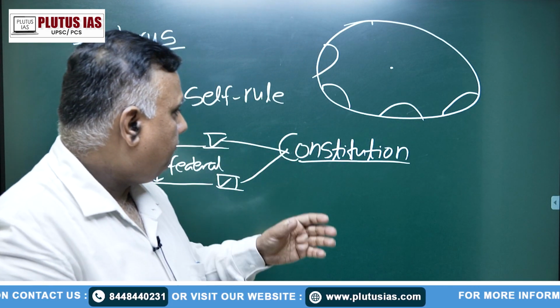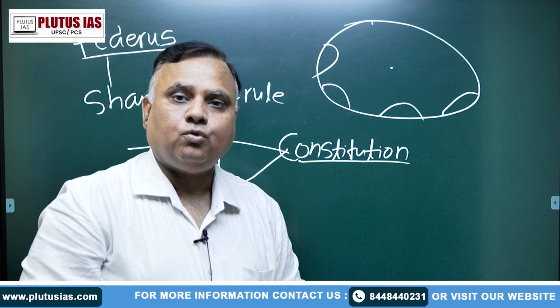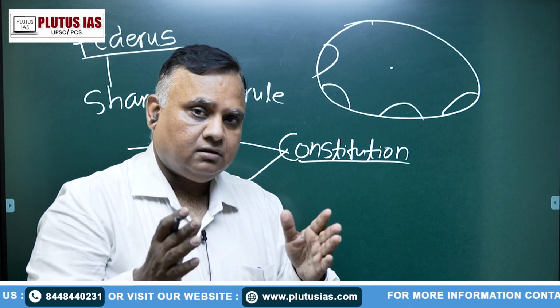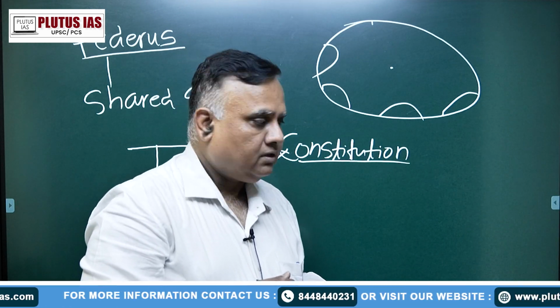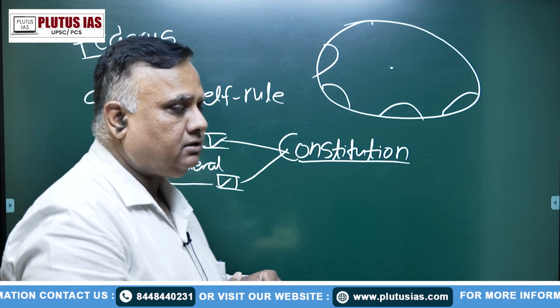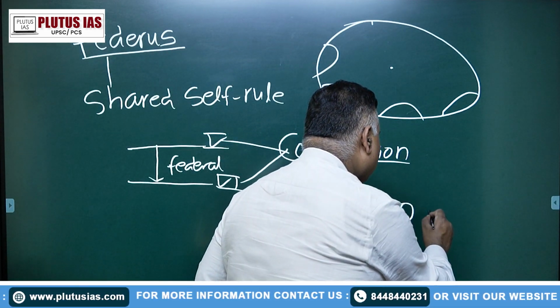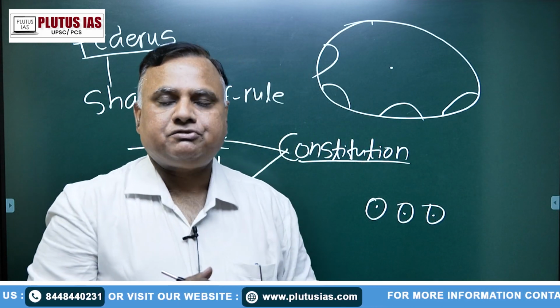So, in federal polity, states have more autonomy, more power, and the states are empowered by the constitution. As I contrasted it with unitary polity, normally small countries follow unitary polity for administrative convenience.